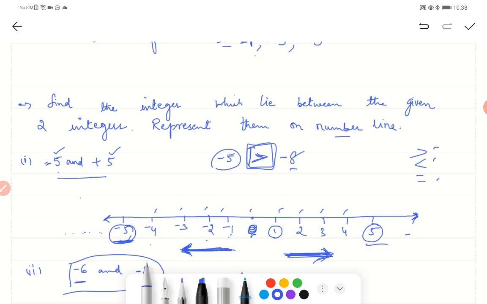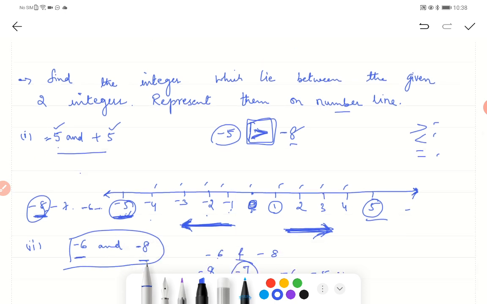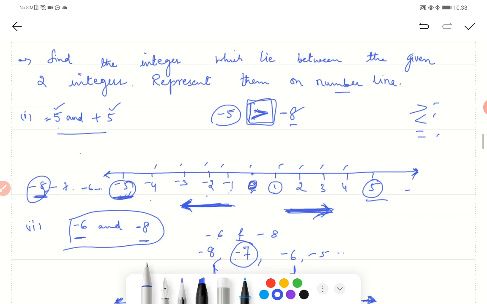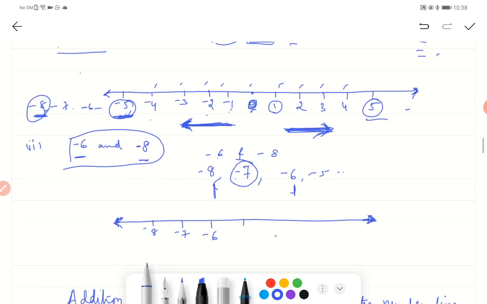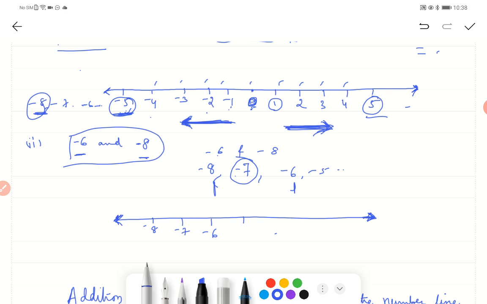On the number line, after minus 5 you'll get minus 6, minus 7, minus 8. So this number is less than minus 5, or you can say minus 5 is greater than minus 8. In this unit you're going to get this kind of questions with greater than, less than, or equal to symbols. If I take minus 8 here, then you will use your equal to symbol over here. This is how you are going to get questions on your integers.